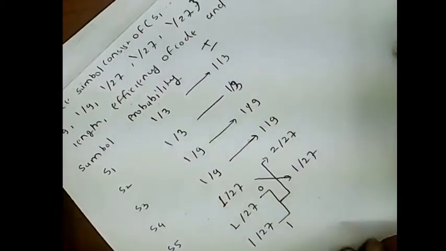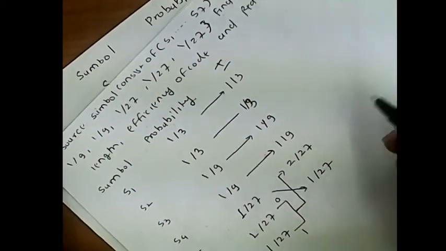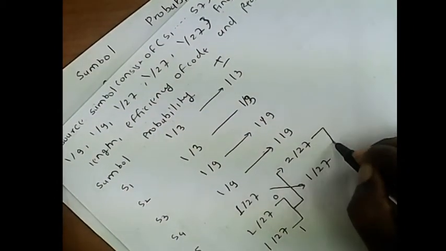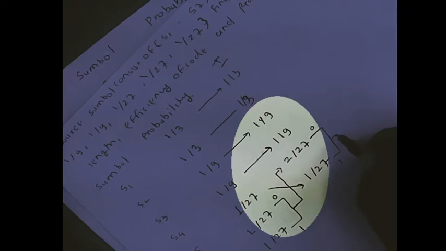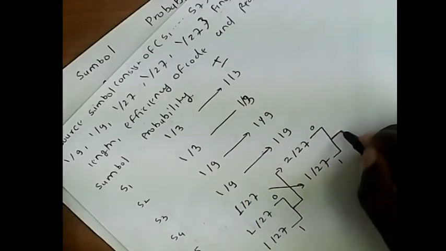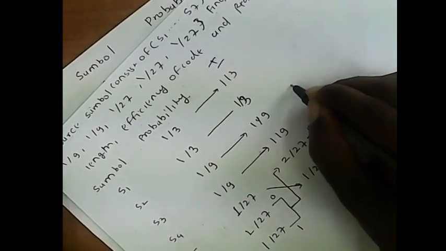Again, combine the two lower probabilities, assign 0 and 1 bits, then give the combined probability as high a position as possible, meaning rearrange the probabilities according to their order.